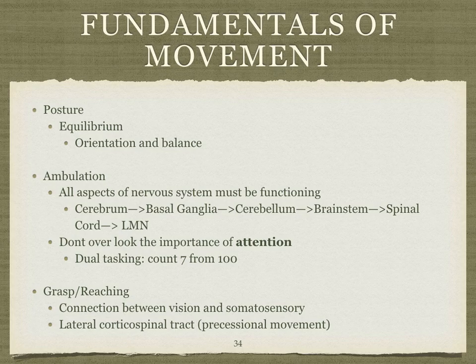What we do with this in the clinical setting is, while someone's walking or engaged in a task, you have them count back from 100 by sevens. And you start to observe their pattern of movement behaviors. Do they slow down? Do they decrease their step length? Do they just completely stop to focus on that task?